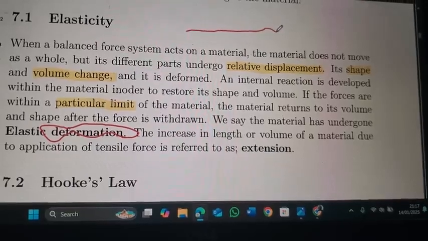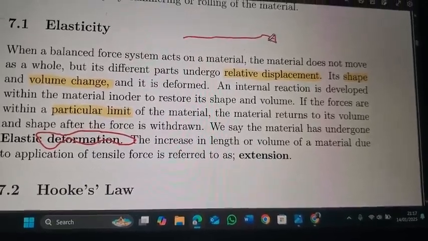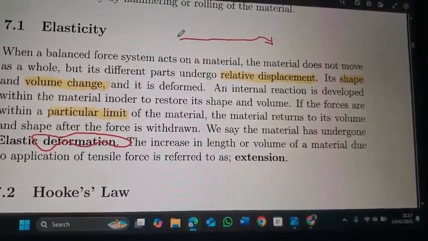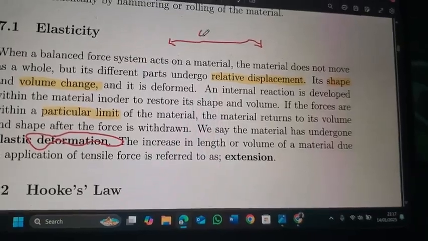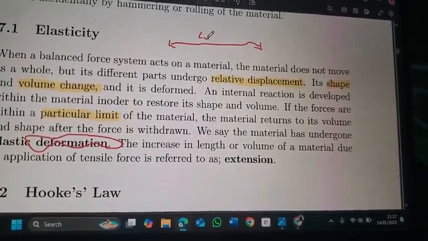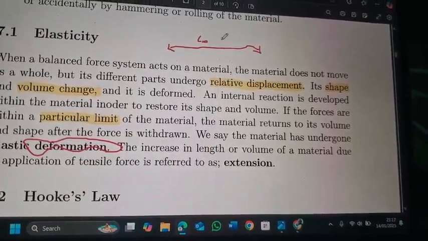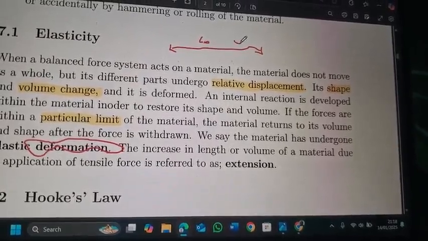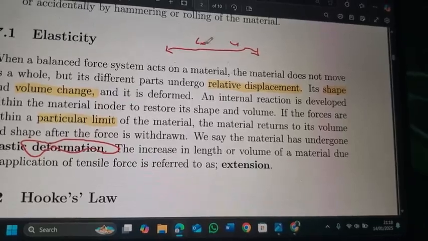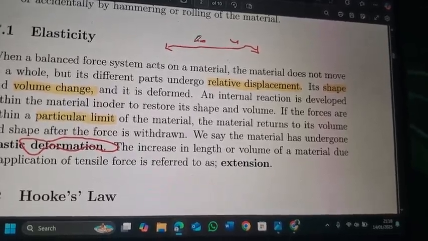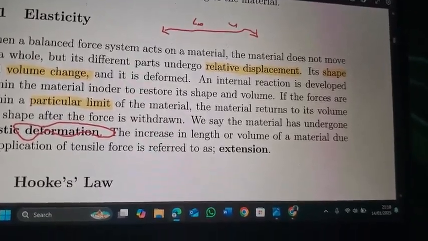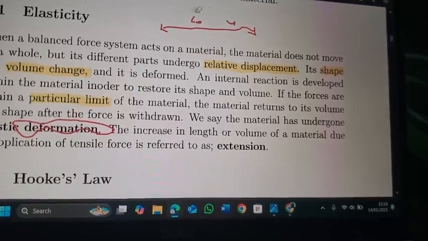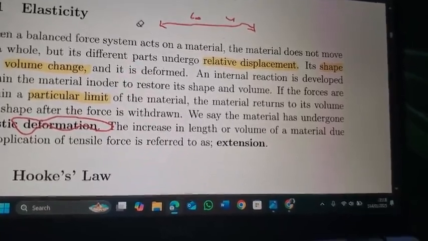So it increases in length. Its length changes from the original length to a new length, which we can say is L1. And when you get a difference in this length, you get what we call extension. So a material that behaves in such a manner is said to be elastic.